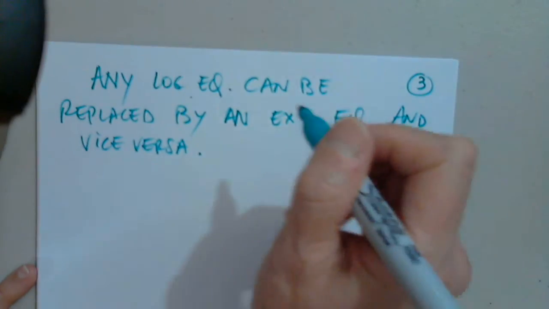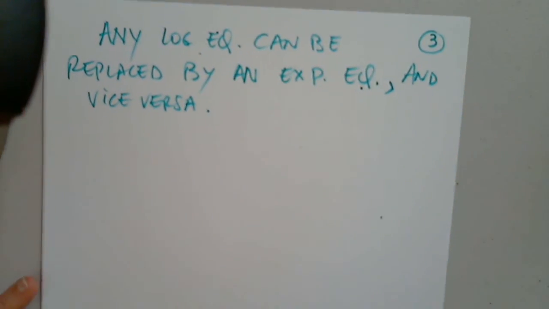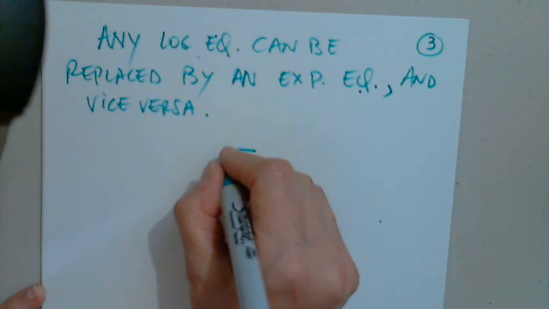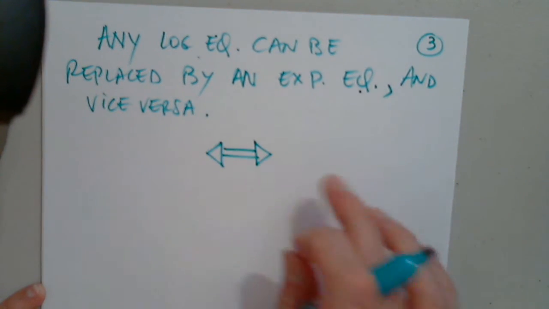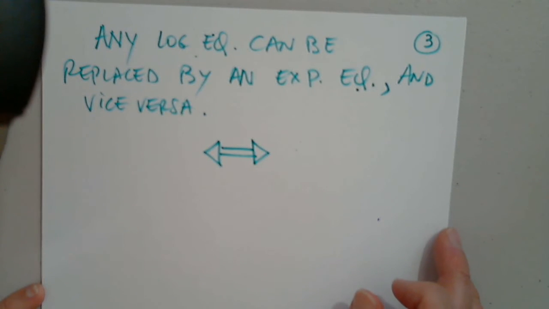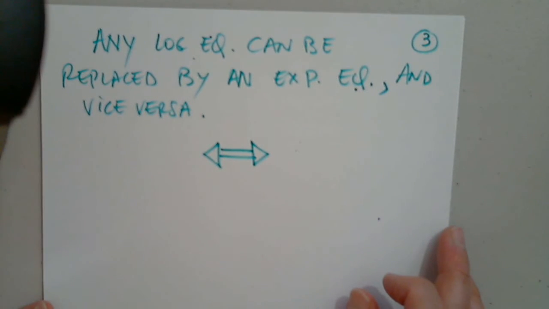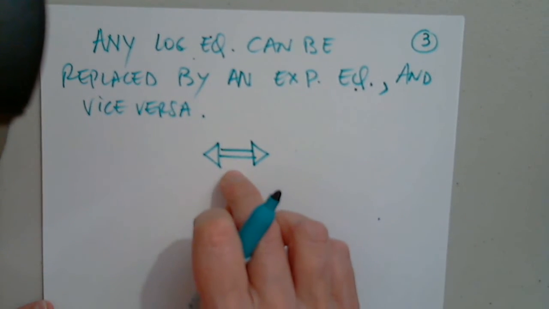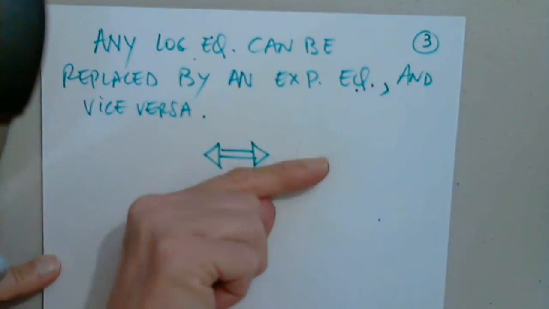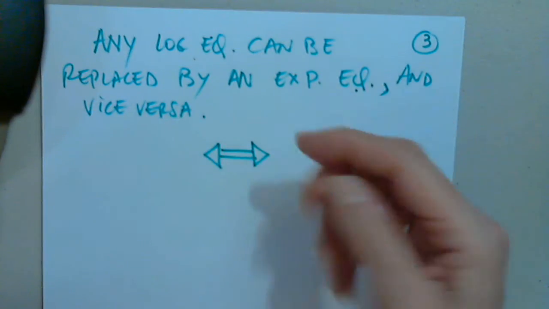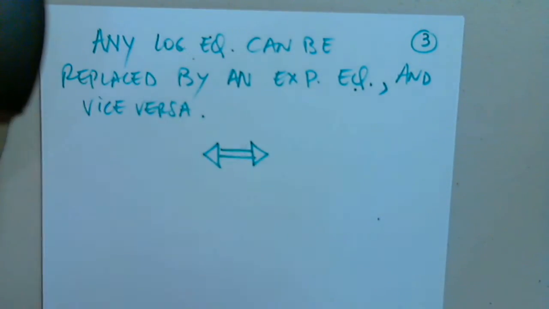Any exponential equation can be replaced by a log. And that's why we are going to use this double equivalency in this chapter for the formal definition of the limit. Double equivalency. What does this mean? It means that this concept implies this concept implies this concept.